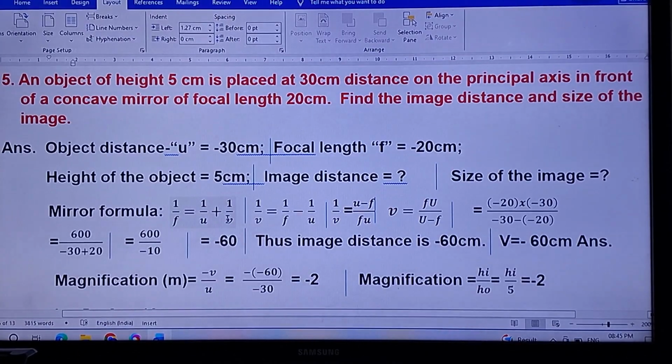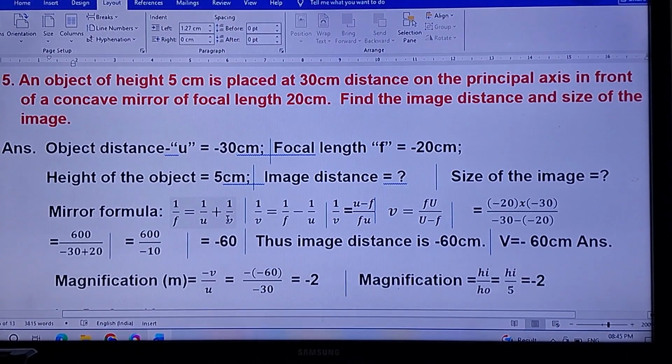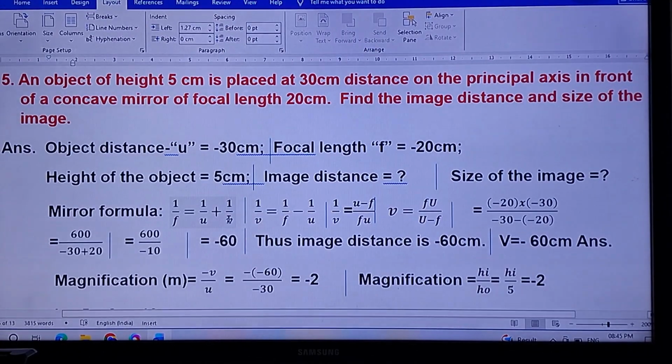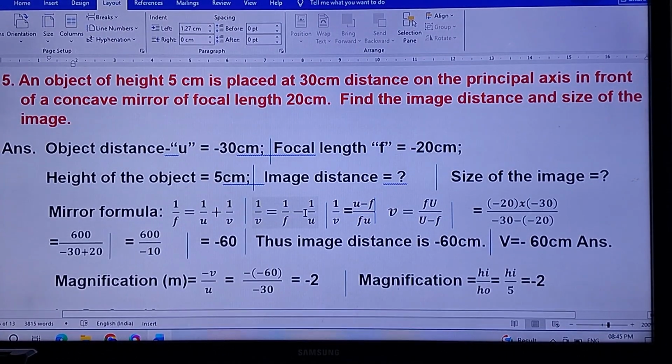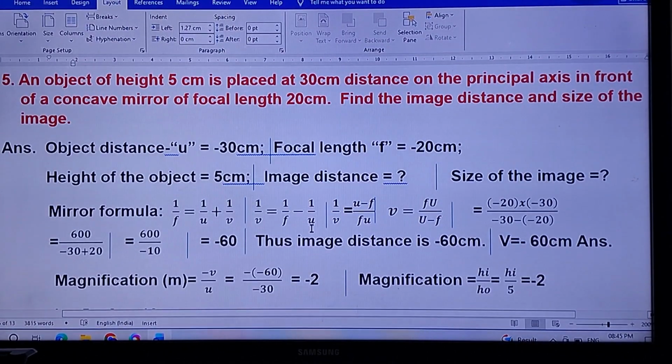Based on this mirror formula, we need v. What is v, children? v is nothing but image distance. So if you want image distance, you have to make 1 by v the subject. When you make 1 by v the subject, 1 by u goes to the other side and becomes minus. So 1 by v is equal to 1 by f minus 1 by u.